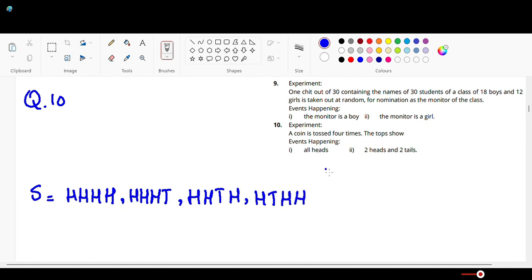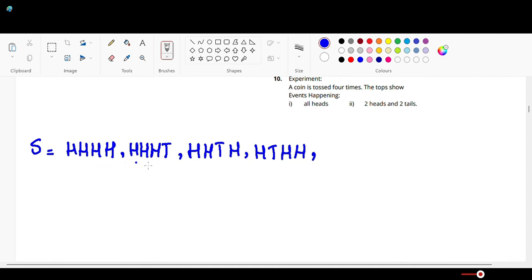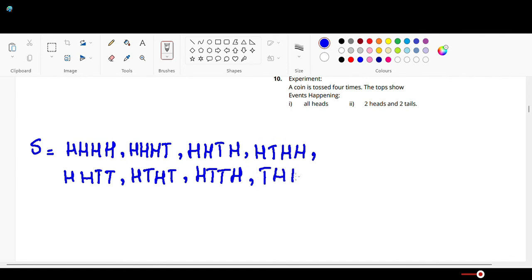And then a head, a tail, a head, a tail, or a head, a tail, a tail, a head, or a tail, a head, a tail, a head, or tail, tail, tail, tail.